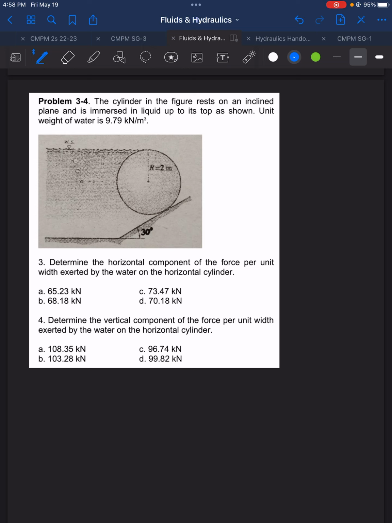Okay. So what is the question here? For number 3, determine the horizontal component of the force per unit weight exerted by the water on the horizontal cylinder.